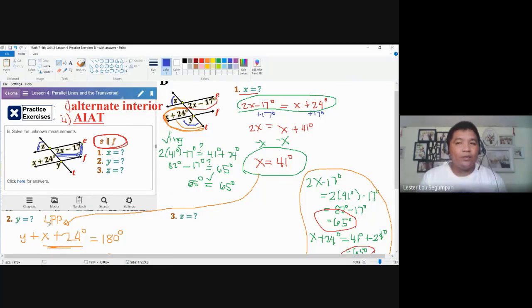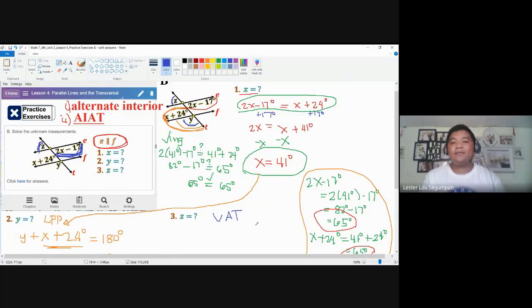We are already done with linear pair postulate or angles forming a linear pair. And if you're going to observe this, angle z and this angle here with the value of 2x minus 17 degrees are vertical angles. And by vertical angle theorem, vertical angles are congruent or have the same measurement.